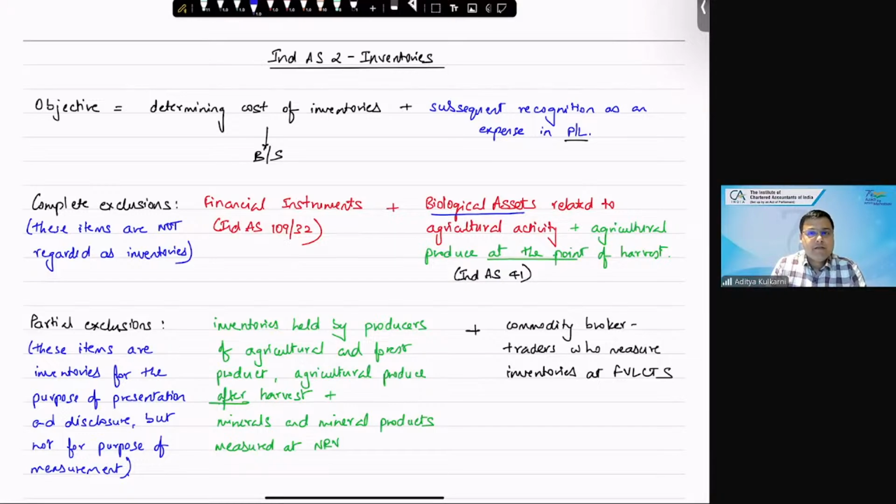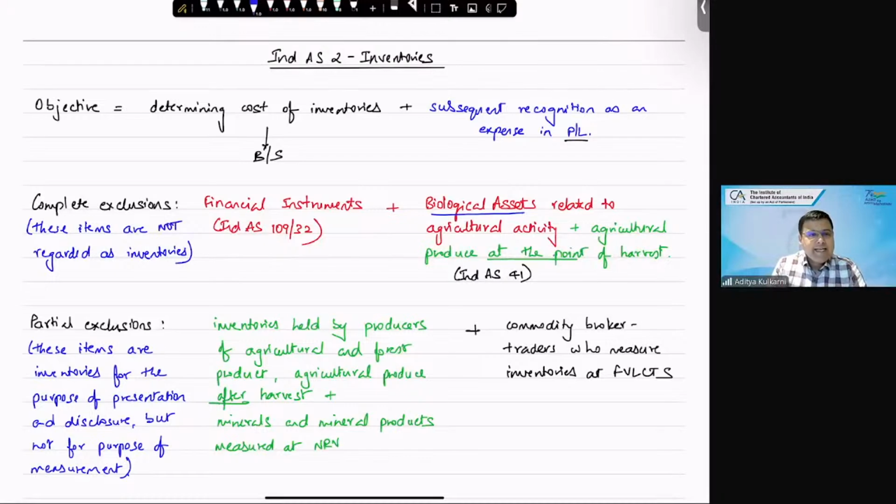Under conventional principles, we cannot attribute it. And therefore, a new standard was required to do the valuation of such specific items. That is why the biological assets are carved out and separately covered under Ind AS 41.